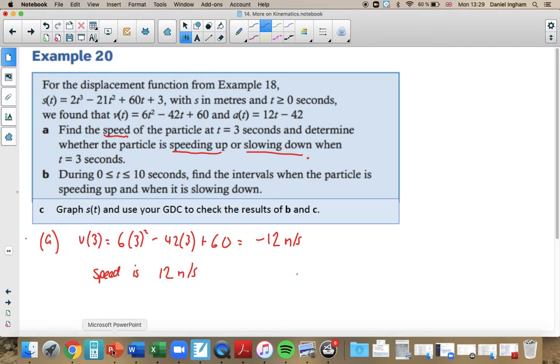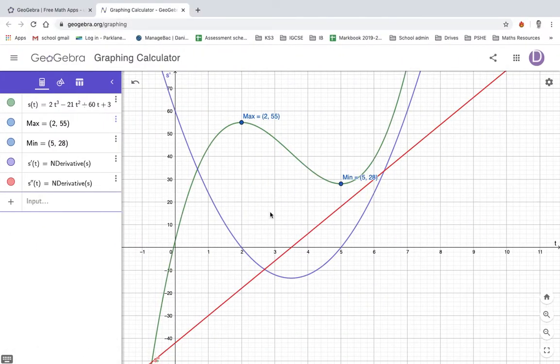If we go back to our graph, from this point to about this point, it's actually speeding up. It's moving towards the left at a quicker and quicker rate. And then at some point around here, it starts slowing down. It's moving left, but slower and slower, and then it changes direction.